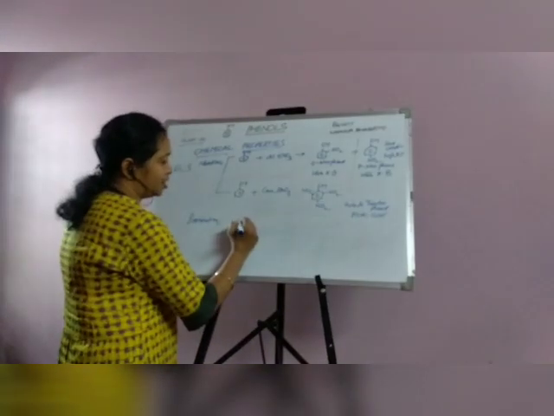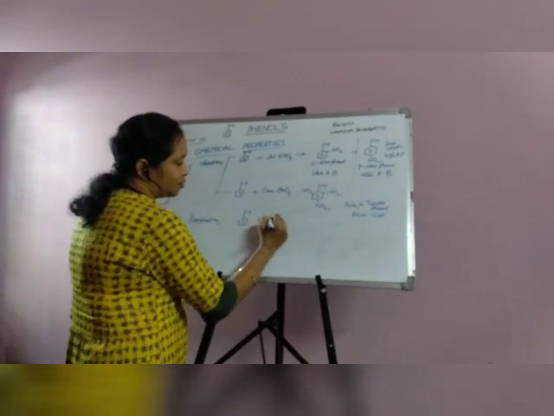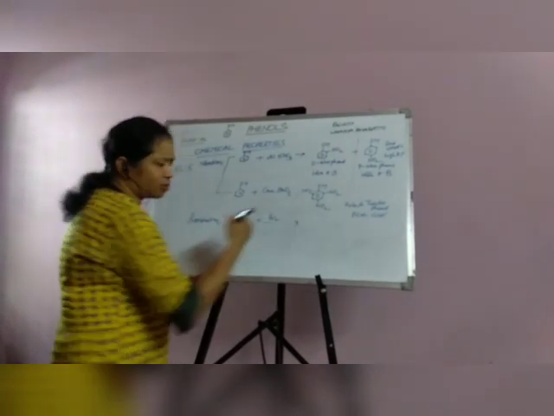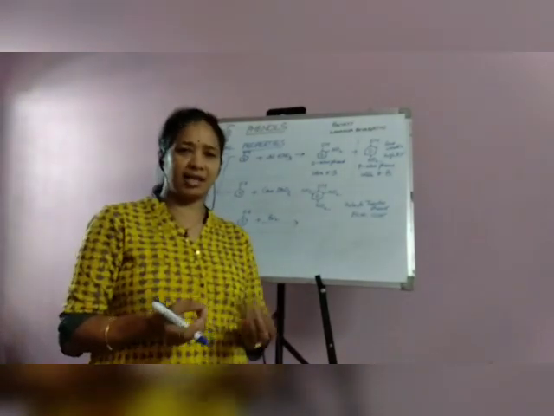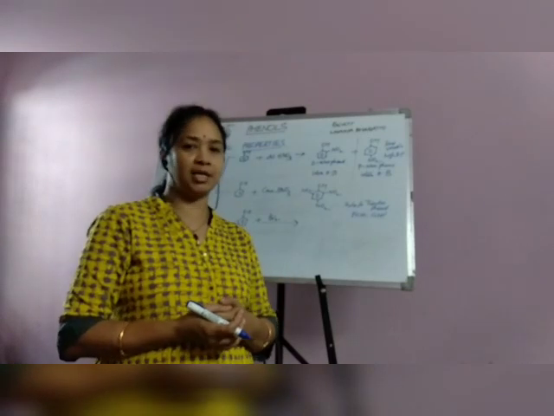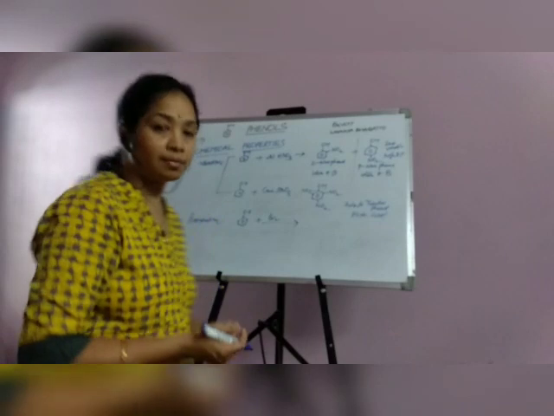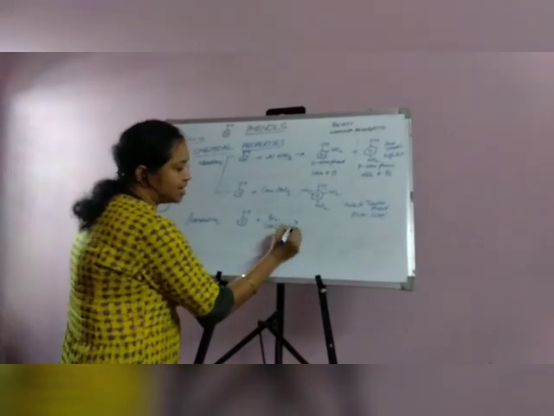Now the phenol undergoes this bromination with bromine, with no need to take ferric bromide, in the presence of organic solvents which have low polarity, like chloroform and carbon disulfide, CHCl3 or CS2.